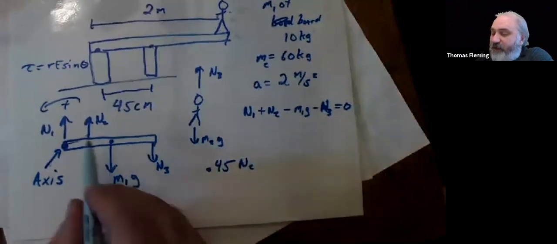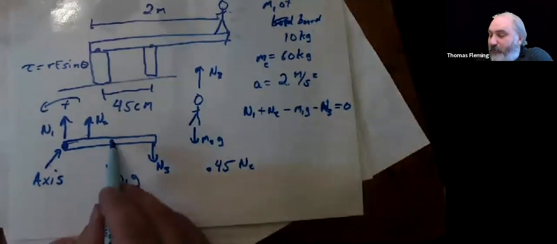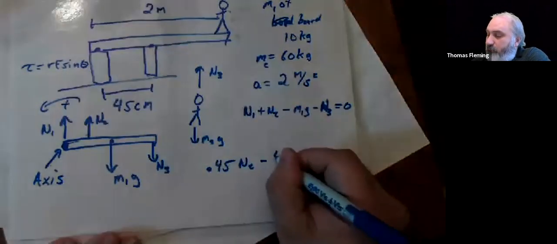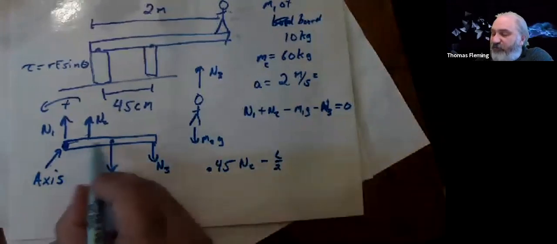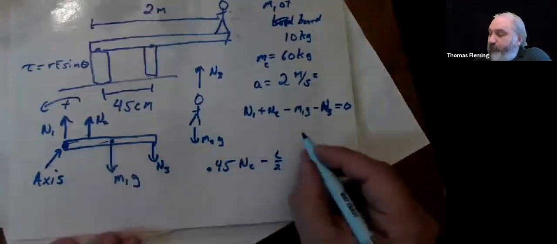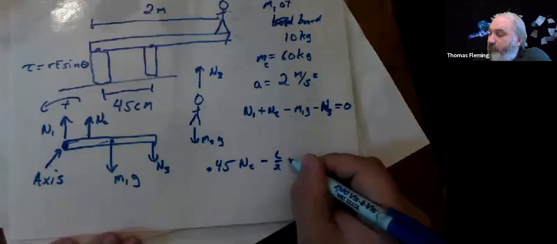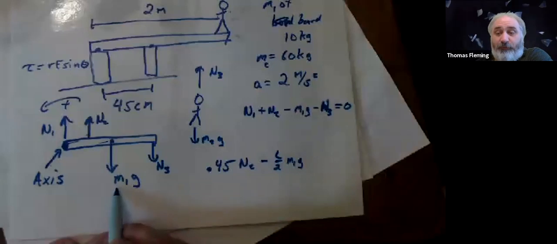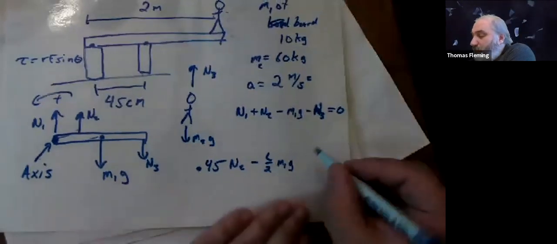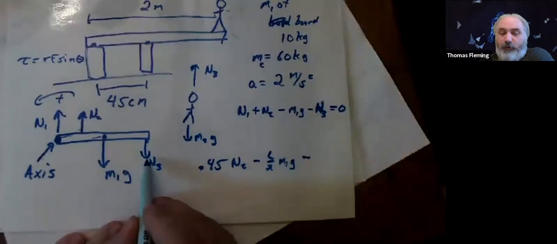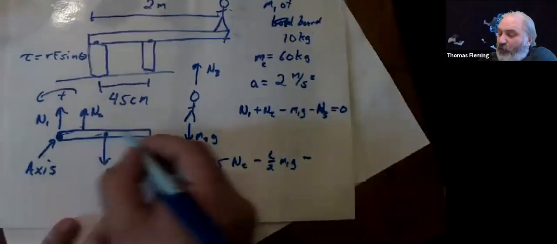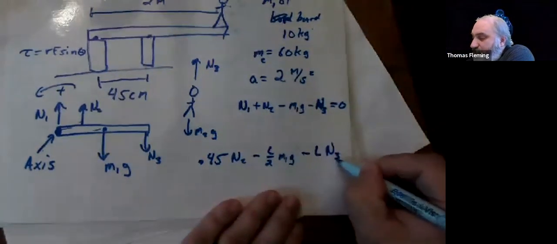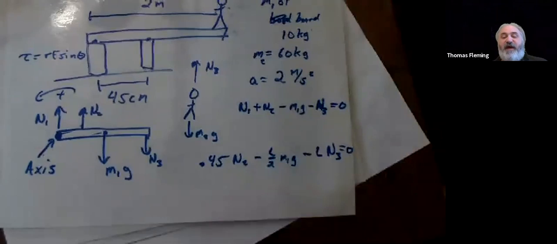This is the torque I get from N2. Then it's going to be minus, well, if this whole thing is L, this distance is half of L, so L over 2, times M1G, that's the torque due to the diving board's weight itself. Then it'll be minus again, because this is downward, it'll be the full length of 2 meters, so L times N3, and all of that's got to add up to 0.